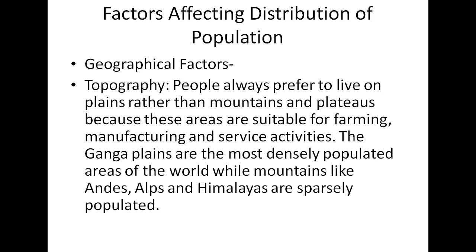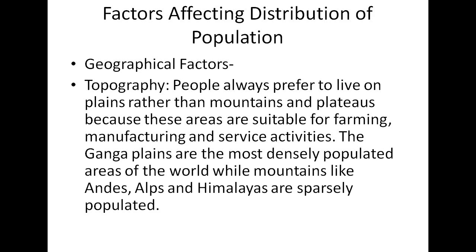First, we are going to discuss the geographical factors: topography, soil, climate, water, and minerals. All these factors affect the distribution of population. How? We are going to talk about it one by one.